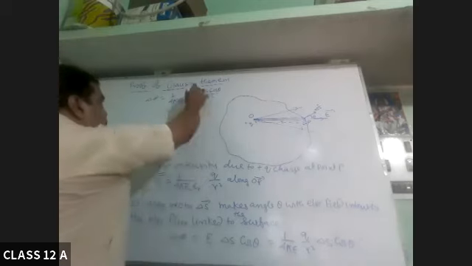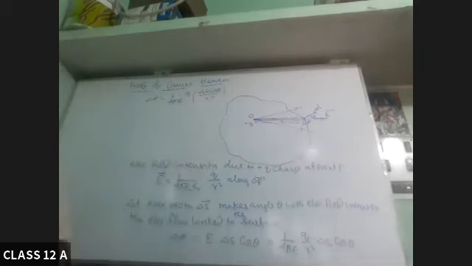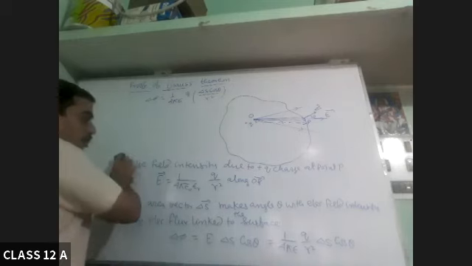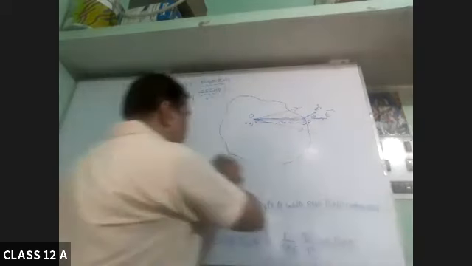Now what is this, delta S cos theta over R square? What will that be? Solid angle. So it will be the solid angle.